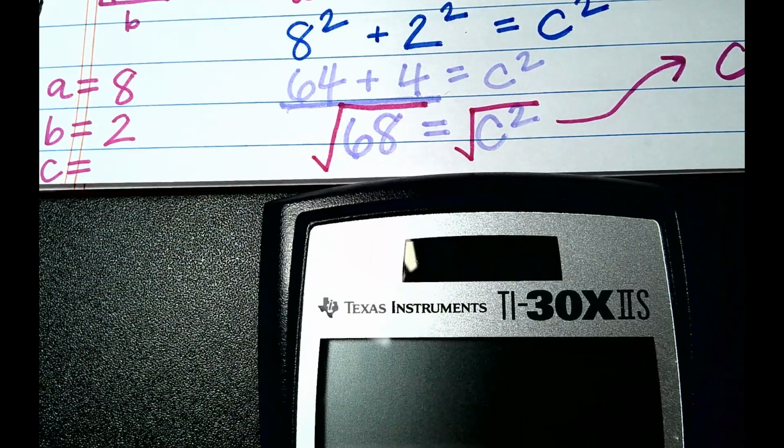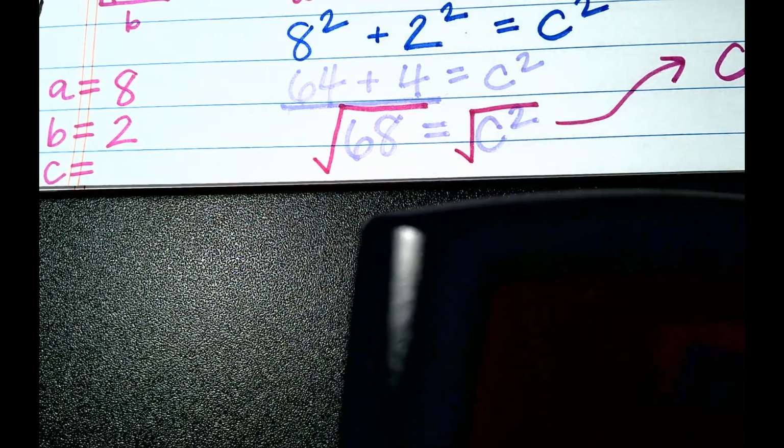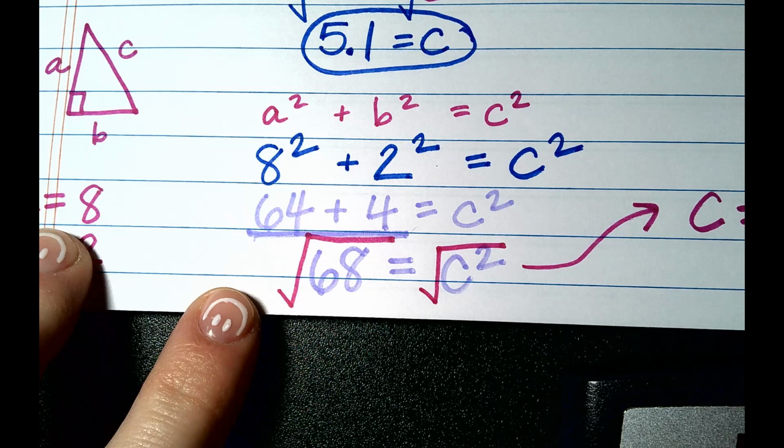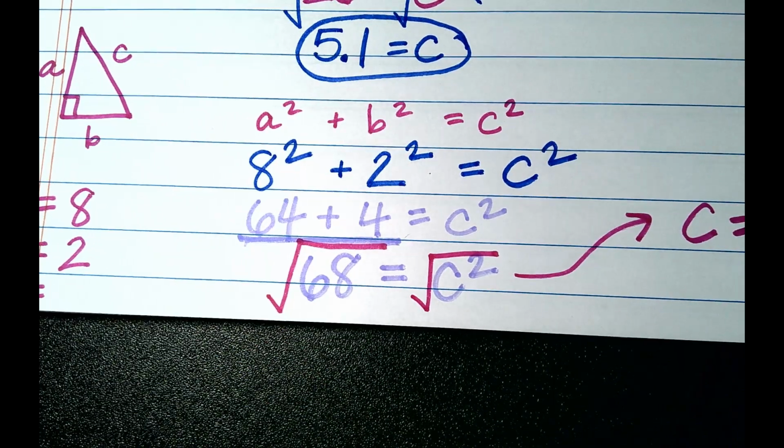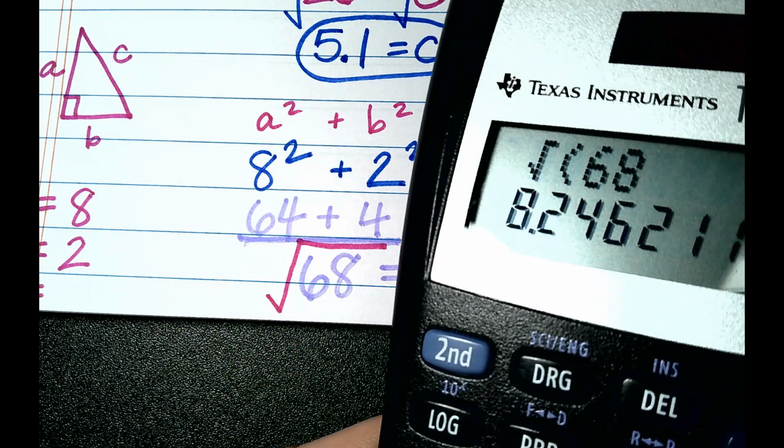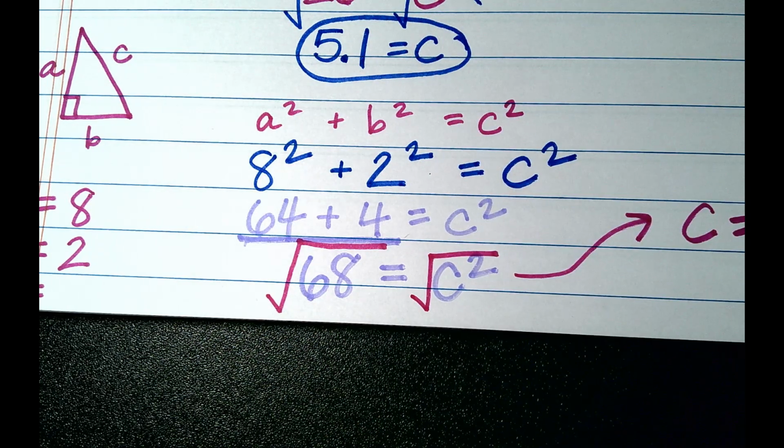And guys, calculator skills are another part of this class that we're going to have to know how to type in. So if you get to this point and you're ever forgetting how to type in the square root, let me know. I can tell you again. So second, square root 68, and I got the same thing, 8.2. 8.25 would absolutely work.